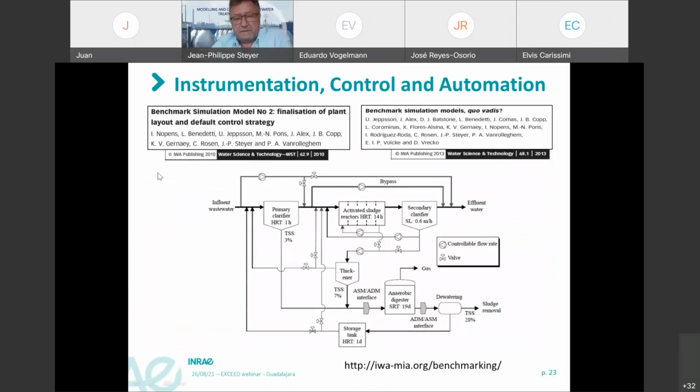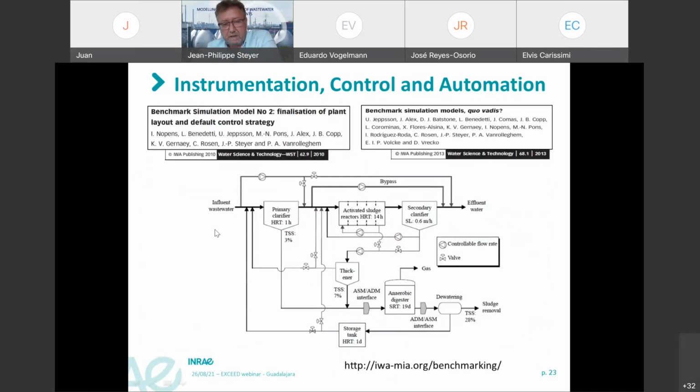I also wanted to emphasize that if you are interested in running simulation of wastewater treatment plants, here we have the scheme of a plant, like the activated sludge here, primary clarifier, secondary clarifier, anaerobic digestion plant here.